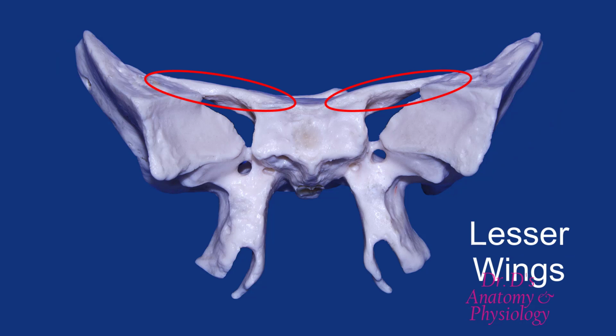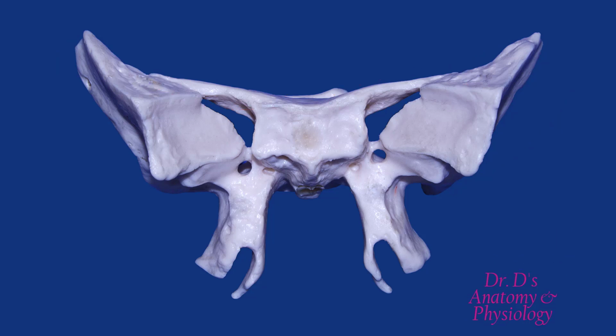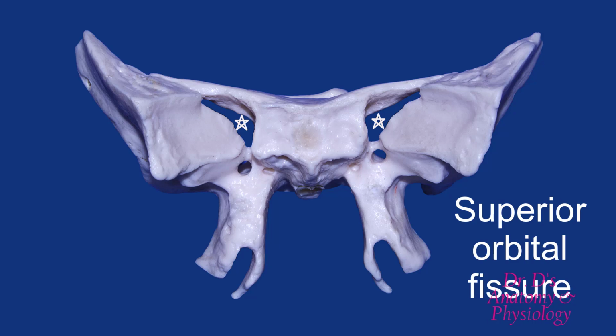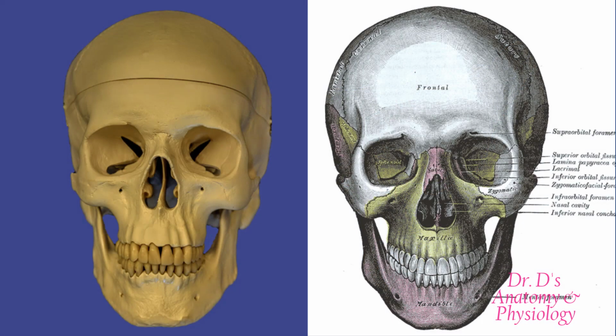And we should note that the greater wings will contribute to the wall of the orbit. And in between the lesser wings and the greater wings, we have a feature which is referred to as the superior orbital fissure.